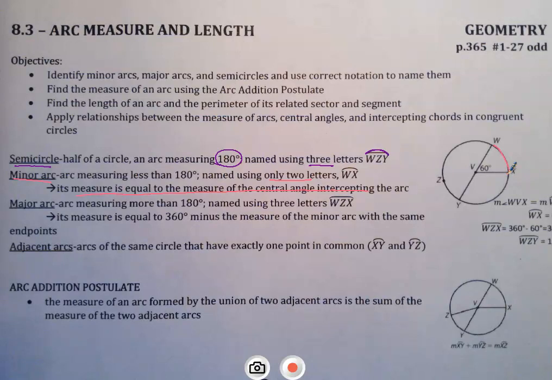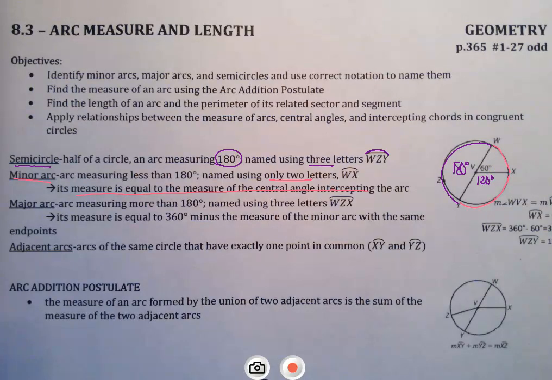So what would XY be? It would be 120, because WZY was a semicircle, which is 180. So 180 minus 60 gives us 120 for that one. Good.